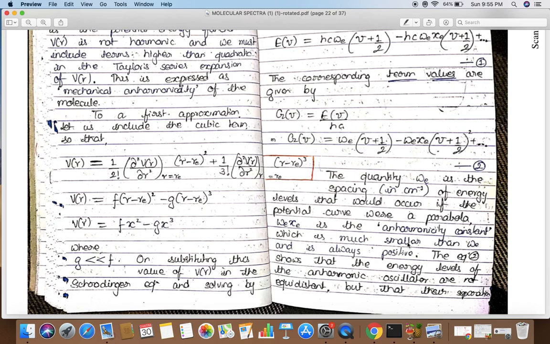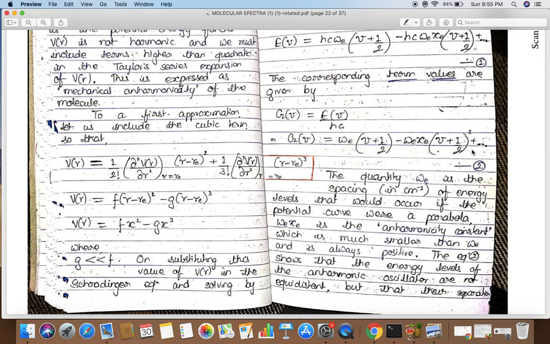Equation number 2 shows that the energy levels of the anharmonic oscillator are not equidistant. If you see, as nu increases, this is a non-linear relation, because of the nu plus half whole square term.